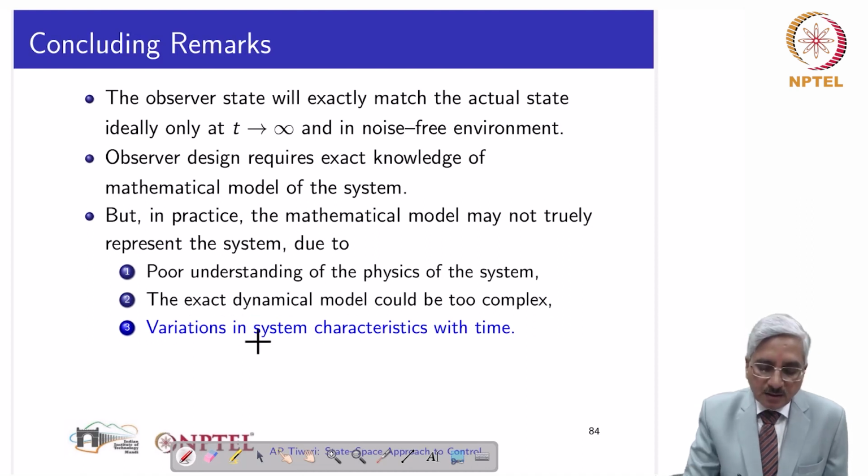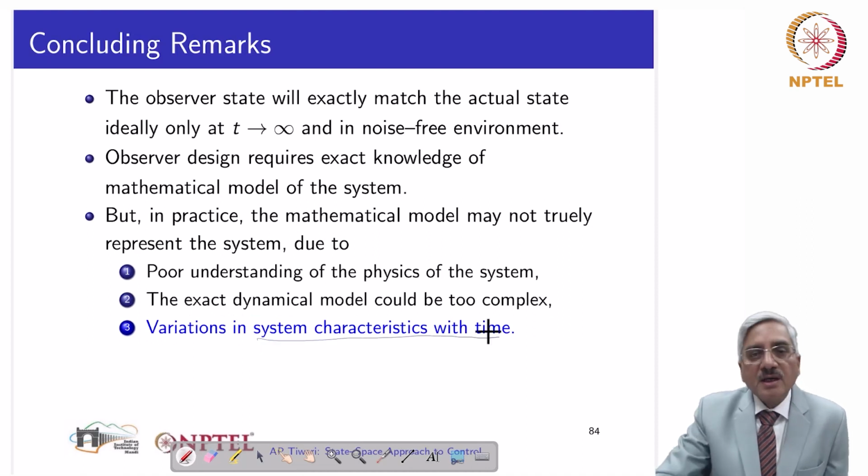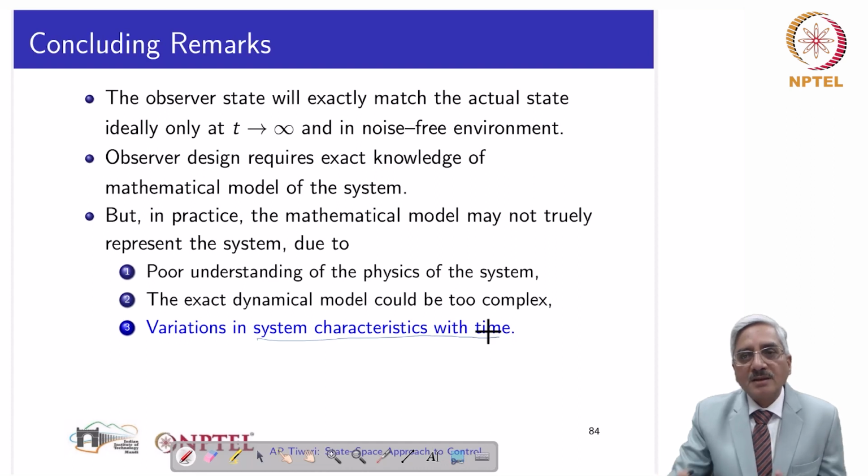Other thing is that the system characteristics may vary with time owing to factors like aging, wear and tear that may happen, and so the system undergoes unknown variations with time. And the design is some nominal model of the system. So there ought to be some differences.